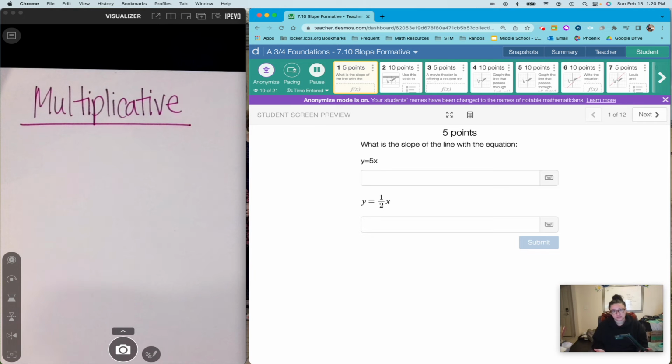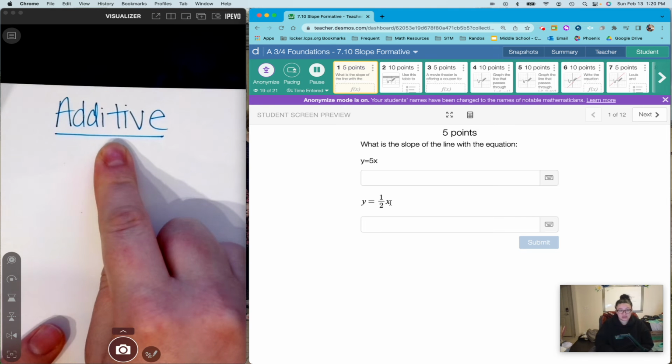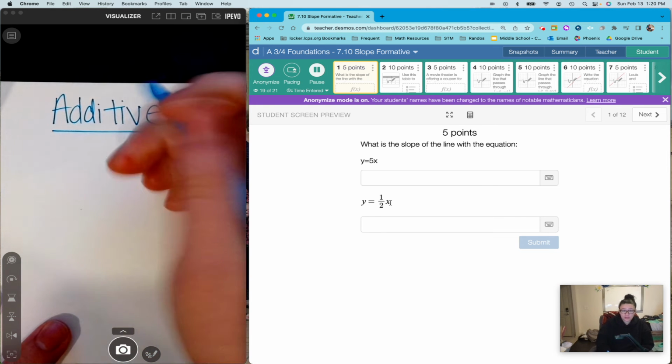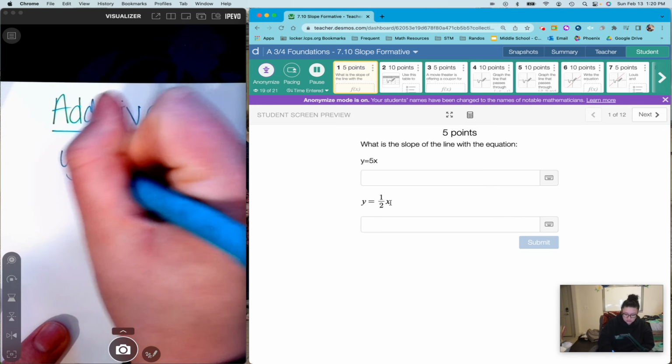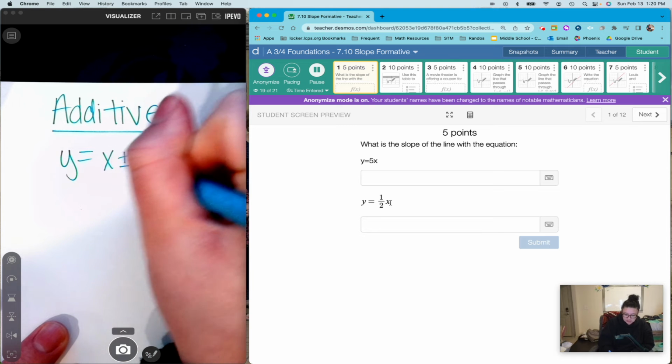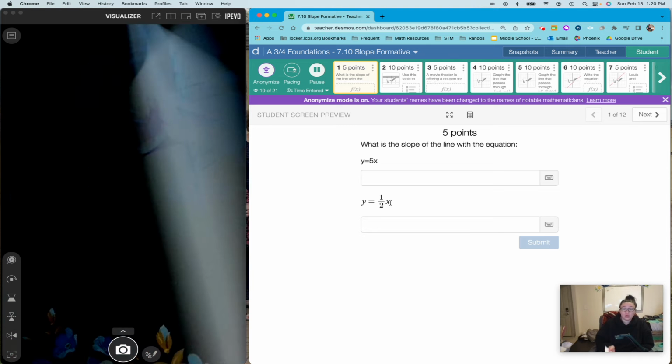and what that means. So, looking at this first question, what is the slope of the line with the equation y equals 5x and y equals 1/2 x? So I need to think, is this an additive relationship where my equation is in the form y equals x plus or minus b?